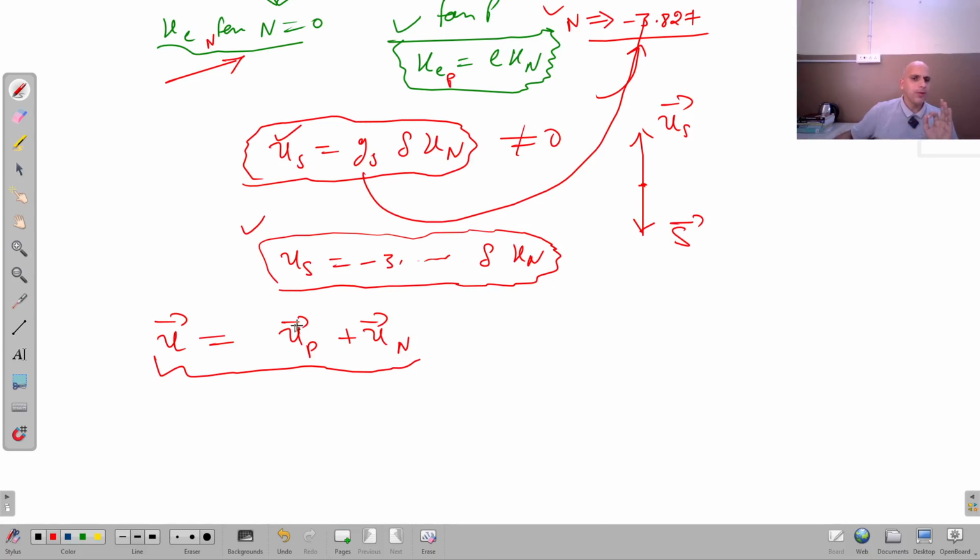Now the magnetic dipole moment of a proton consists of both mu L plus mu S, but a neutron consists only of mu S, no mu L. So this is the way of calculating the total magnetic dipole moment of the atomic nucleus.